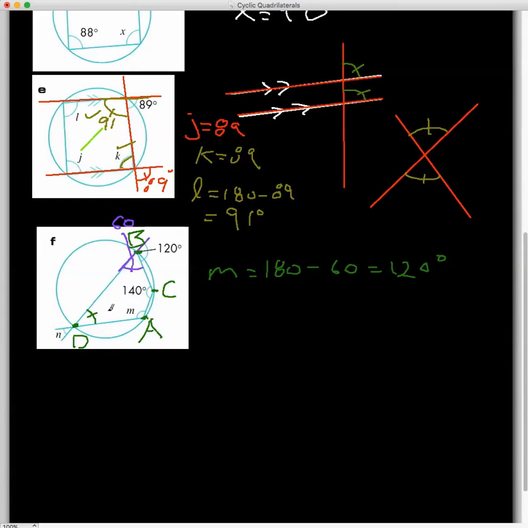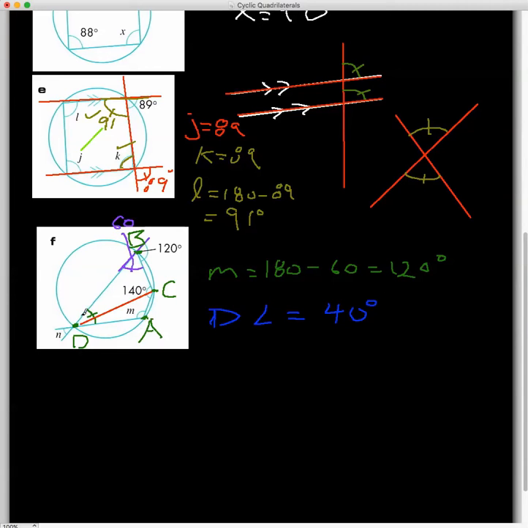And as you can see, we're given the angle across, which is 140. So this point is across exactly from this point. So those two angles have to add up to 180. So let's call this point D. At point D, our angle there has to equal 180 minus 140, which is 40 degrees.